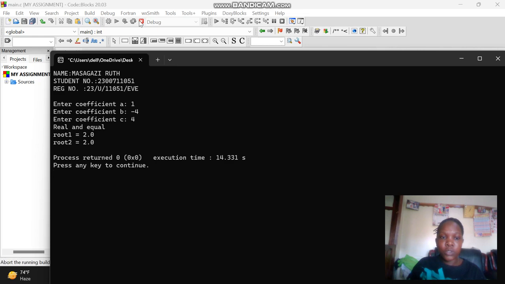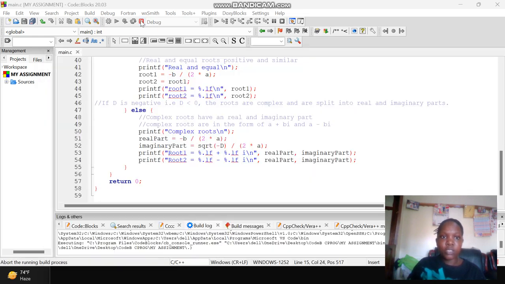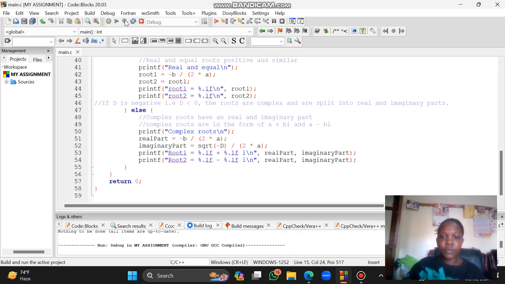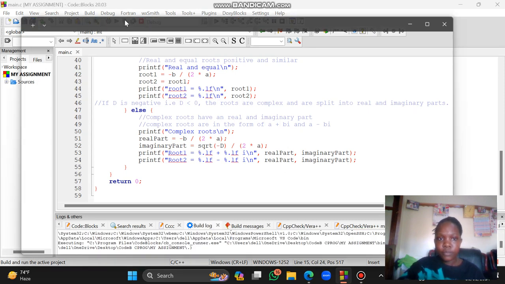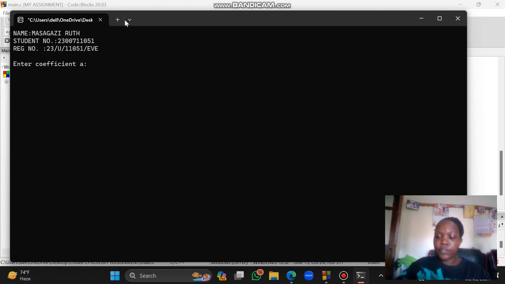Then we check for the real and distinct. Coefficient A is 1. Coefficient B, let it be negative 5. Then coefficient C, let it be 6.